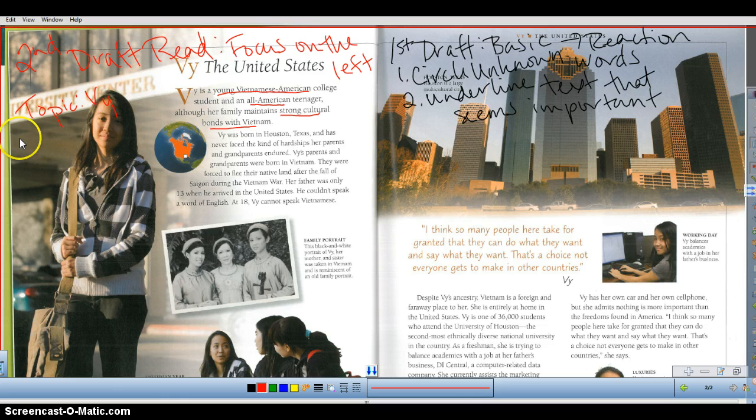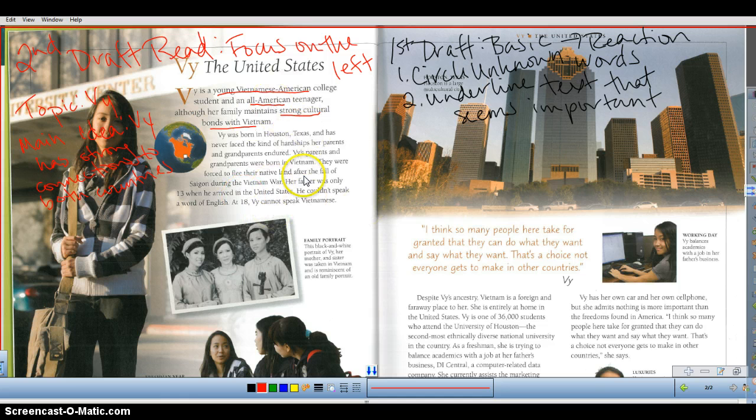So then maybe my main idea is that Vi has strong connections to both countries. So again, it doesn't have to be a complete sentence, but what we want are just some short, quick things. Okay? So that's the topic, or that's the left side.